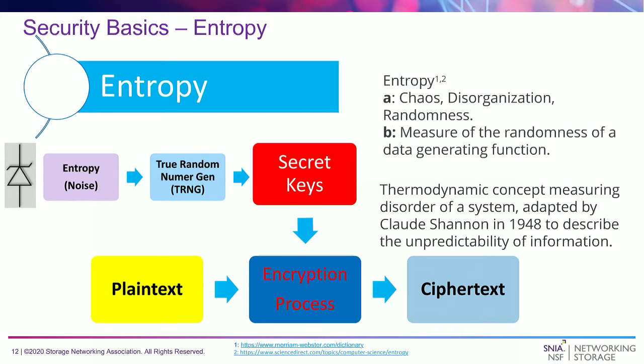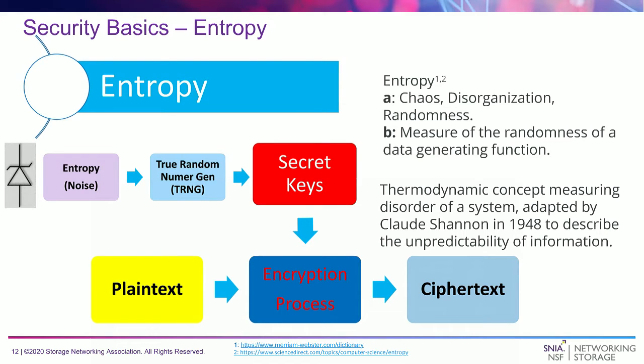So, for example, if I took the temperature of an element within my laptop, that might be very close to the same temperature every time I power on. And so an attacker could start to zero in on the lack of randomness there.